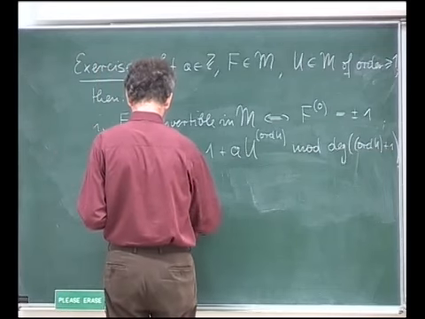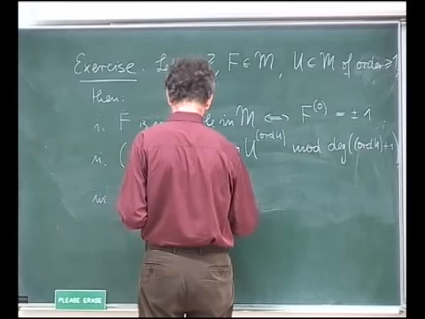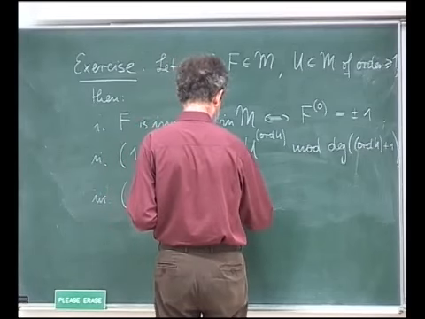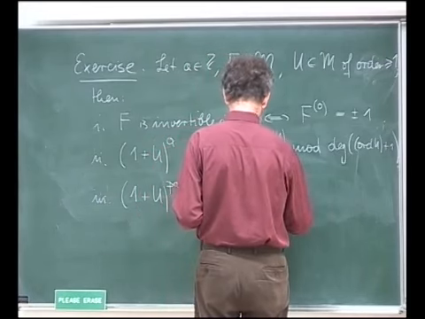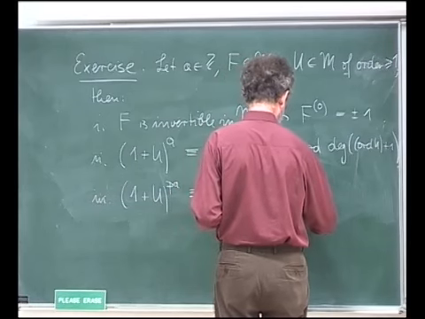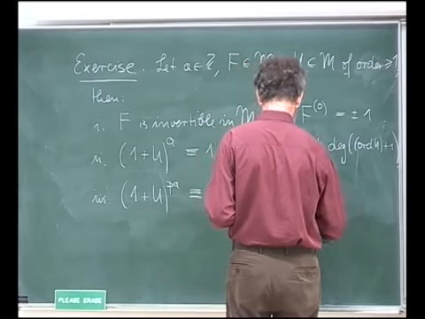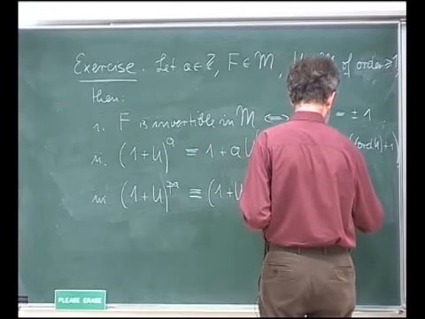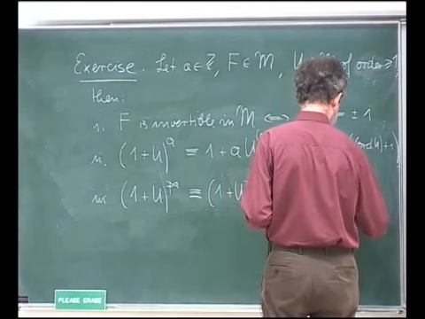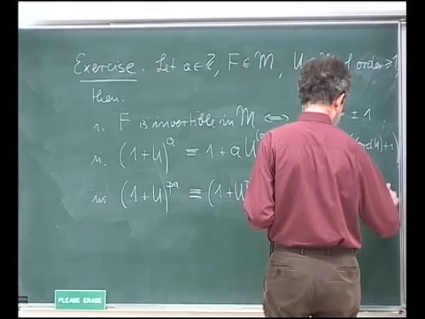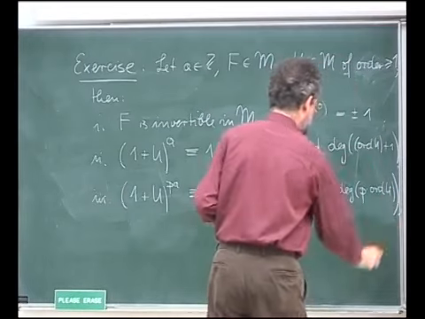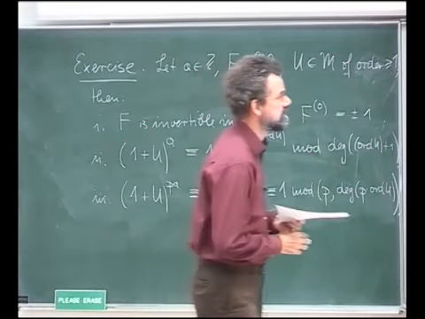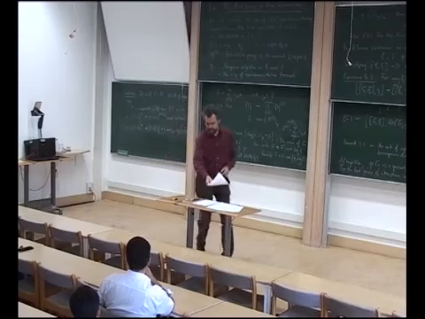And thirdly, if I raise this to a power which is divisible by p, then 1 plus u to the p a is congruent to 1 modulo p and degree p times order of u.